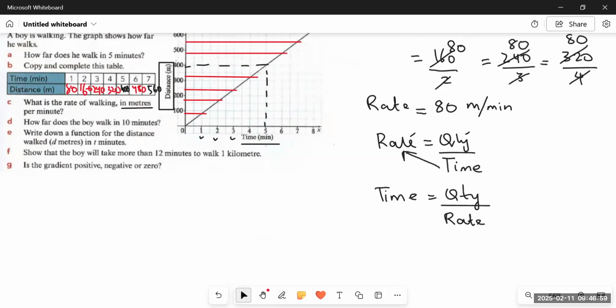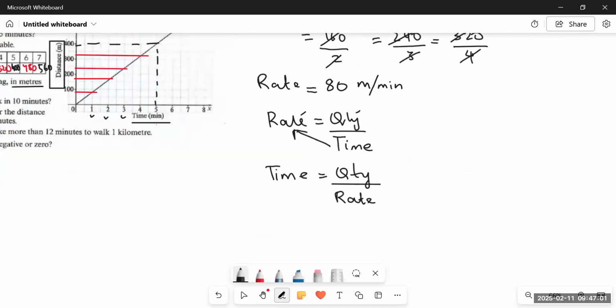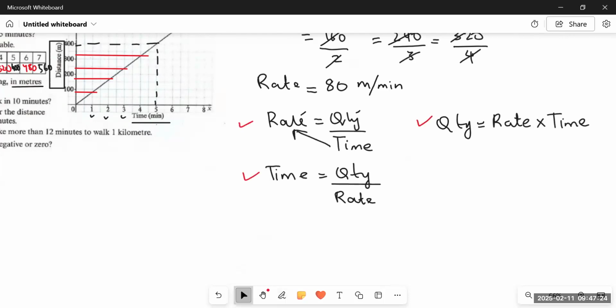The third formula: if we have to find out the quantity, we will simply multiply the rate by time. That is, if we have to calculate the distance, we will multiply the rate with time. If we have to calculate the time, that is, in how many minutes he is going to cover this much distance, we will use this formula. So these are the three formulas that we are going to use in this exercise.